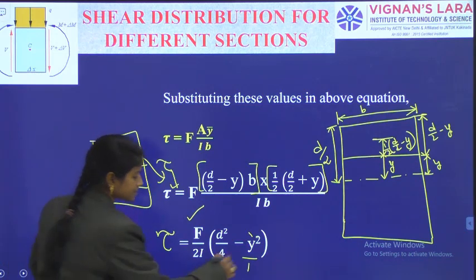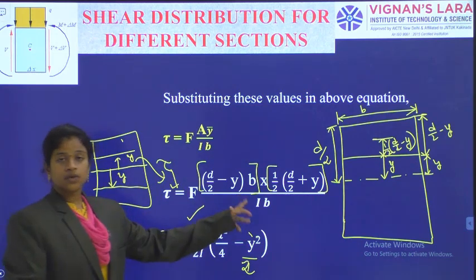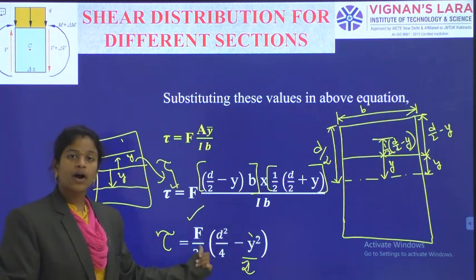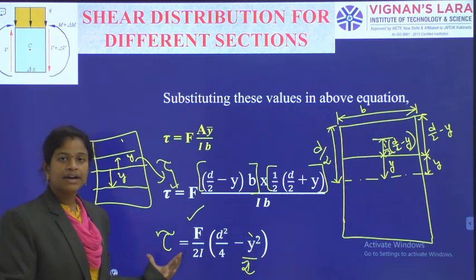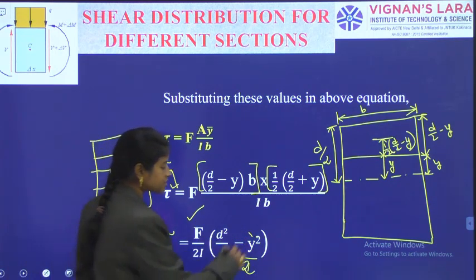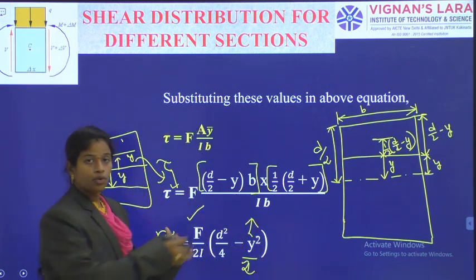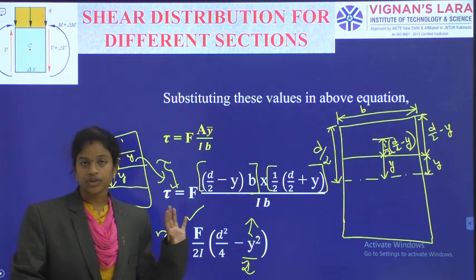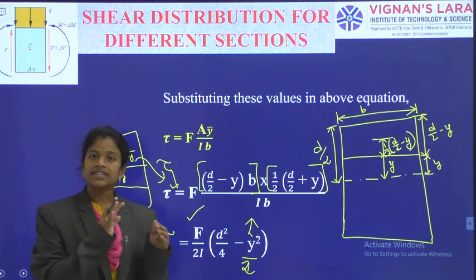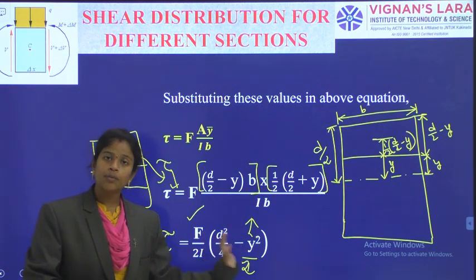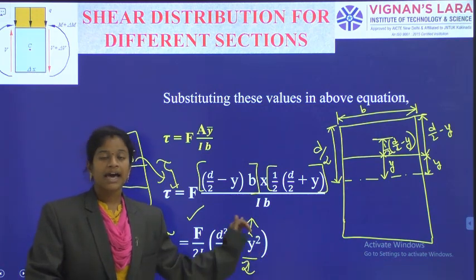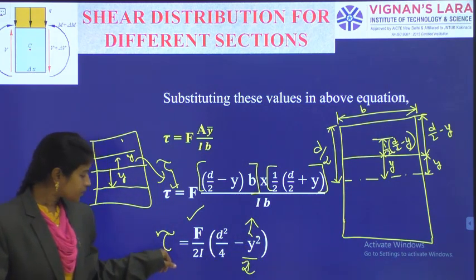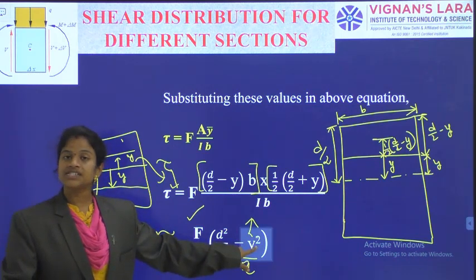If y becomes 2, it is 2 square, so the same quantity minus 4, and the multiplication is reduced. As y becomes more and more, since y square has a negative sign, it takes more portion out. So as y increases, the tau answer decreases, and also tau is in second degree relation with y square.